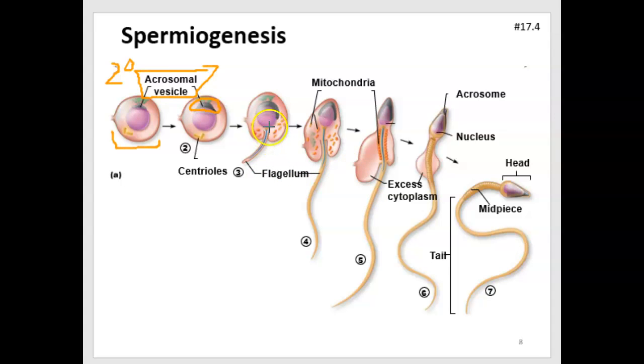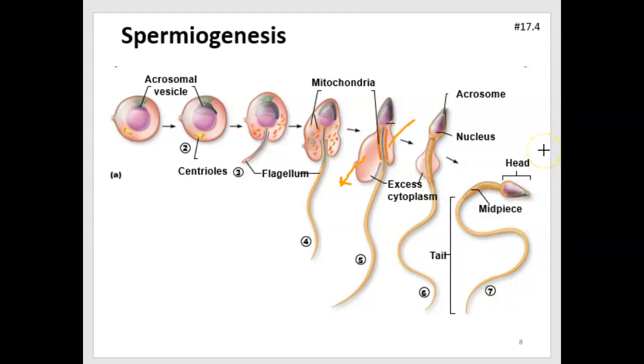Then the flagellum forms, and that involves centrioles assembling microtubules inside the cell and extending into the flagellum. Now excess cytoplasm is going to be expelled, but all the mitochondria that are orange in this picture stay close to the base of that flagellum.